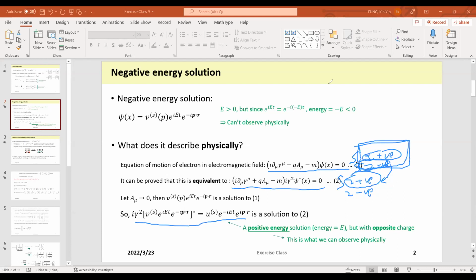You mean this i? Yep. Yeah, it's just mathematics. So you just do some, for example, take the complex conjugate and multiply some gamma matrix, and you will end up in this.